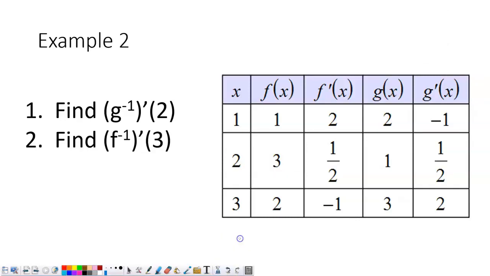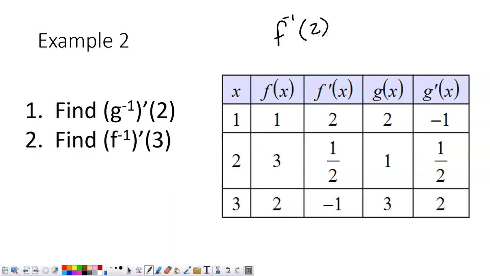So let's do another one really quick here. Let's do f inverse. What is f inverse of 2?